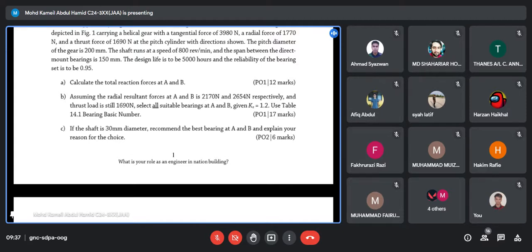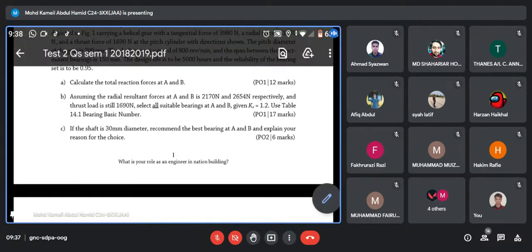So you have to check 206. The 206 series, bore 30 mm. The DS value is 36.8, which is more than 30 juga. So it is not suitable. And then you check 304. 304 series will give you 27.7 DS value.